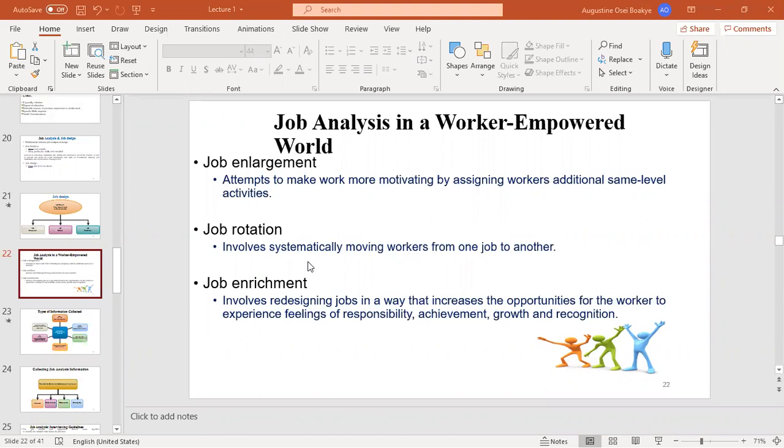This is totally different from job enlargement, in which previously fragmented tasks at the horizontal level are now compounded and given to one person to perform. So that is why I'm saying that unlike job enlargement, which denotes horizontal loading, job enrichment denotes vertical loading.